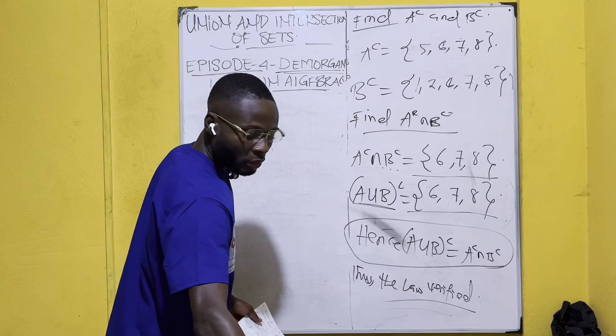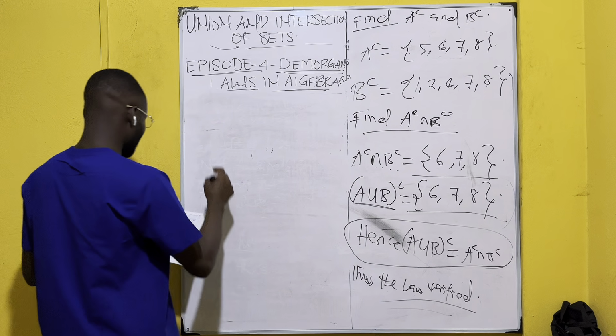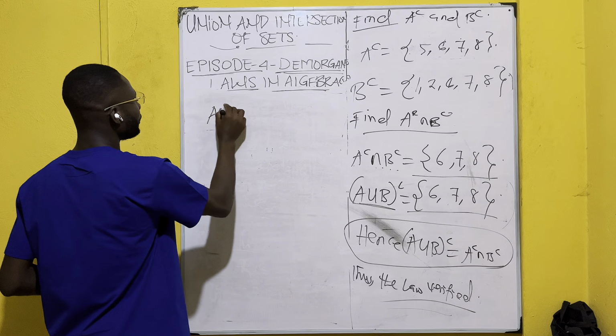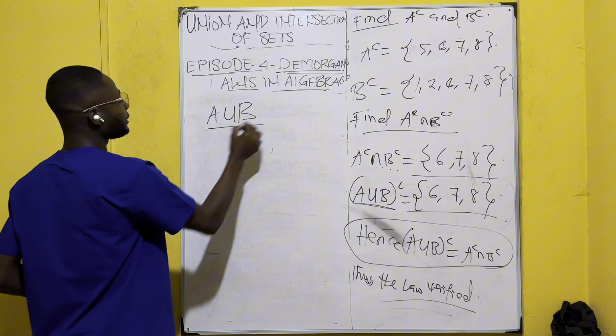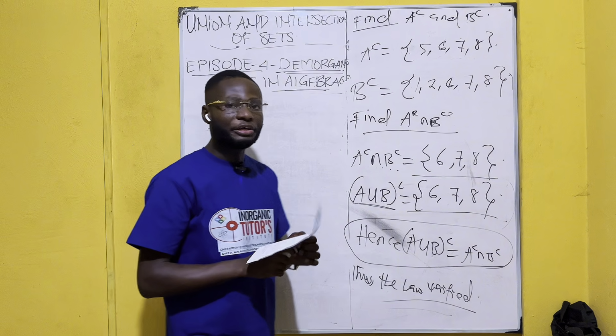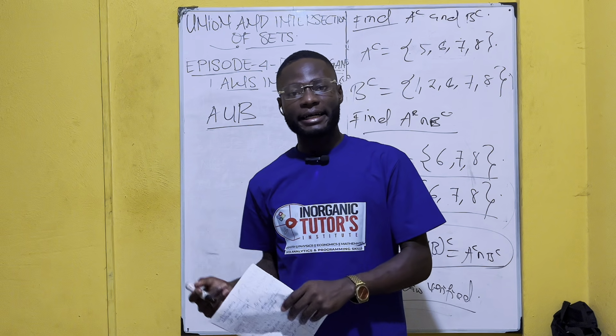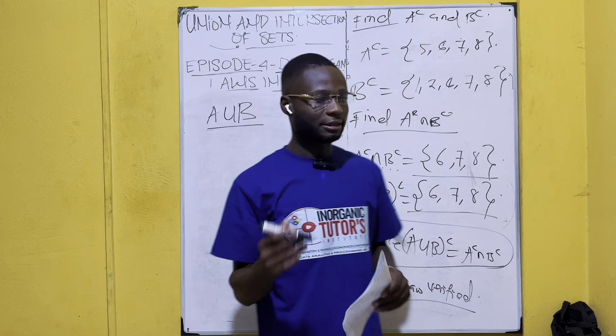So we are going to begin with A union B. If you are given A union B and you want to showcase it in the Venn diagram, how do you draw that?